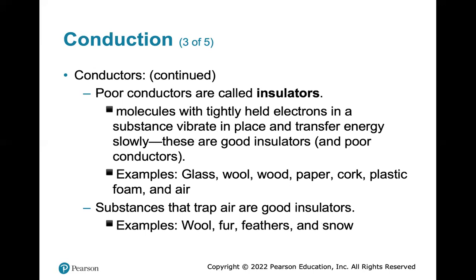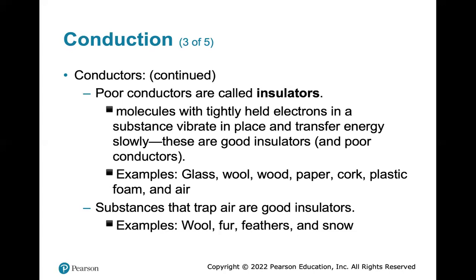Molecules with tightly held electrons in a substance vibrate in place and transfer energy slowly. These are good insulators and poor conductors. Examples are glass, wool, wood, paper, cork, plastic, foam, and air. If you have some oven mitts at home, some of the newer ones have a silicone glove.